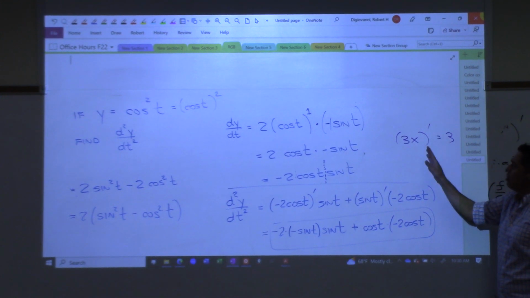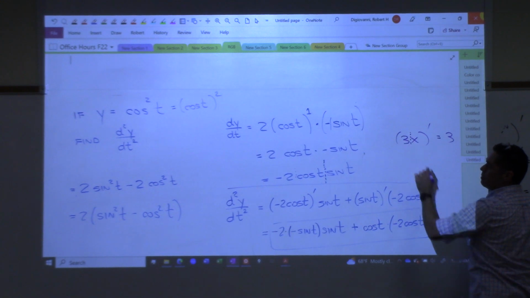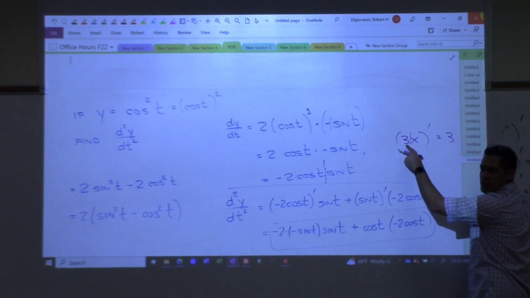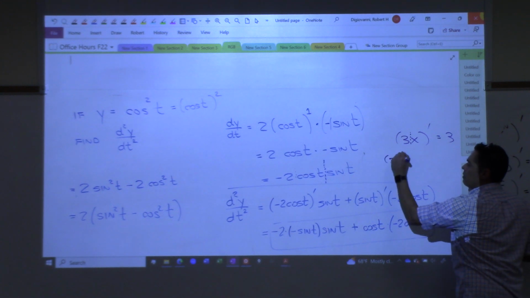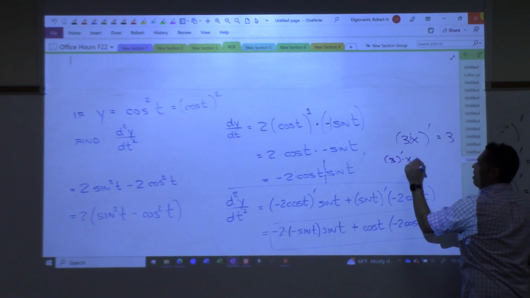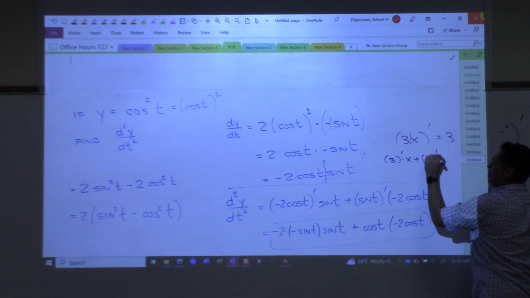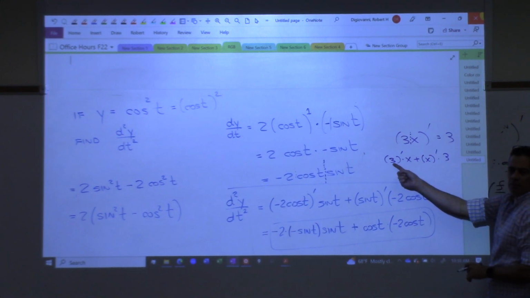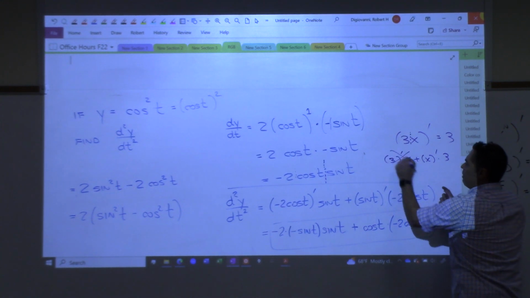Okay. You could, if you wanted to, treat it like a product. Let's try it. If we did a product rule, first you do the derivative of this times this one, then plus the derivative of that one times that. What's the derivative of 3 though? 0, and that would kill this whole thing off, wouldn't it?